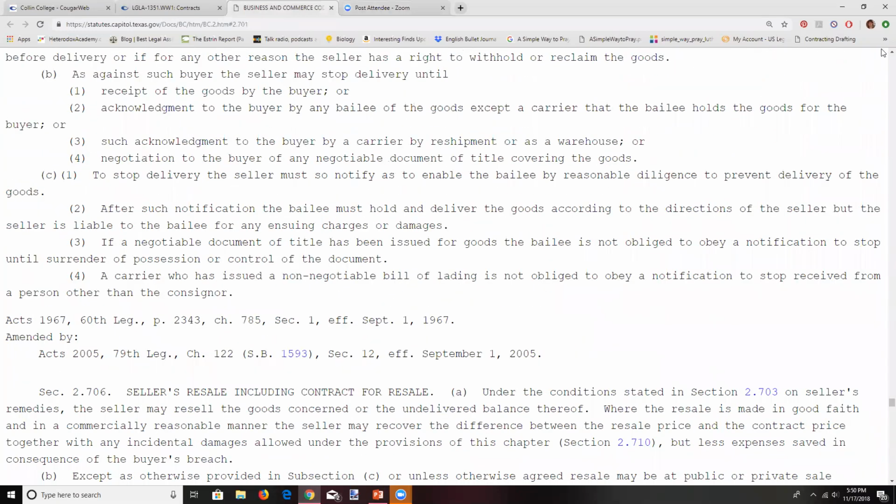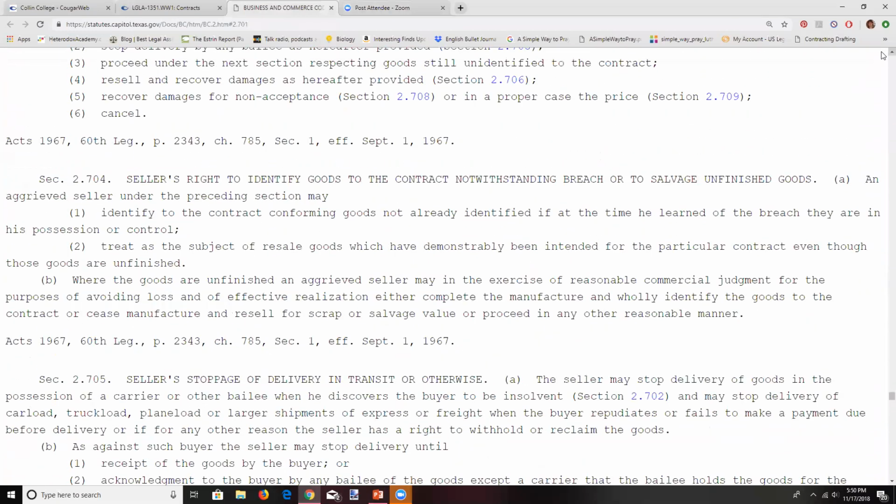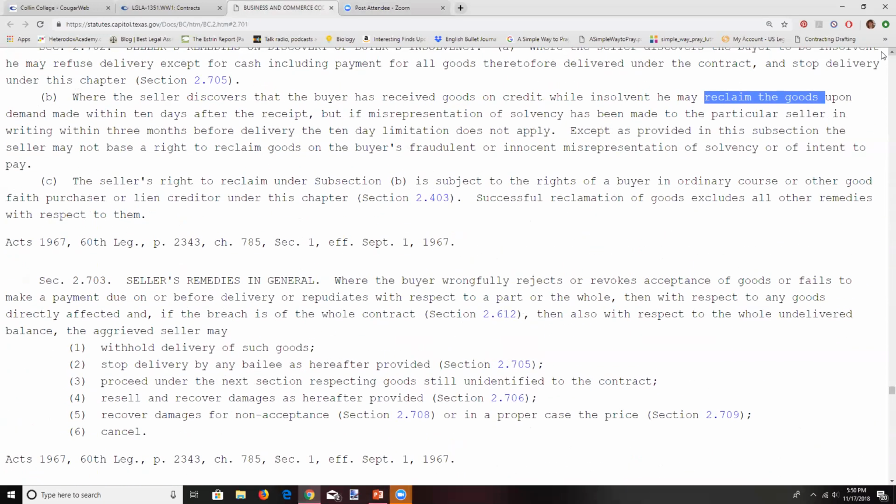Here we go, getting in the neighborhood at least. So 703, seller's remedies in general. So this is the actual Texas statute. You can see here, this was passed in 1967. That's when we adopted the UCC, at least Article 2 of the UCC.